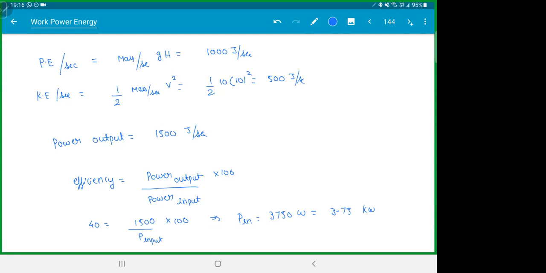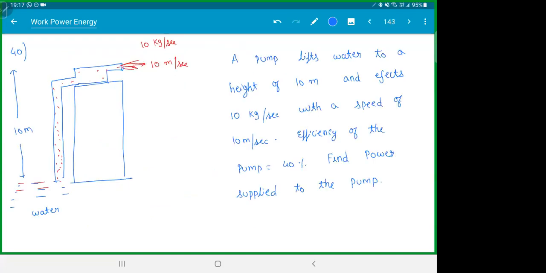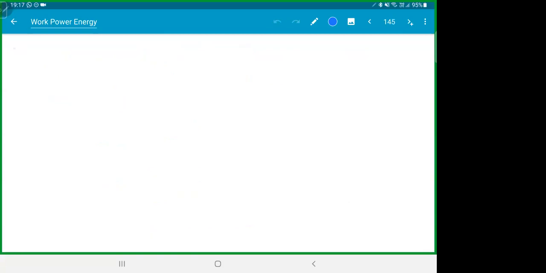Next one. A vehicle of mass m. This is a standard question. Mostly a repeat type of question.